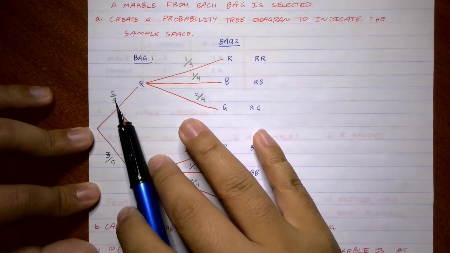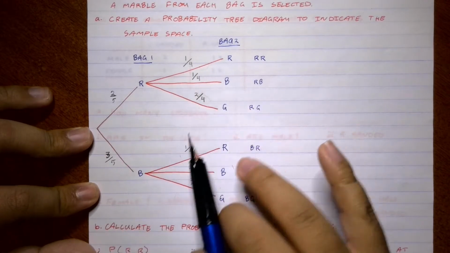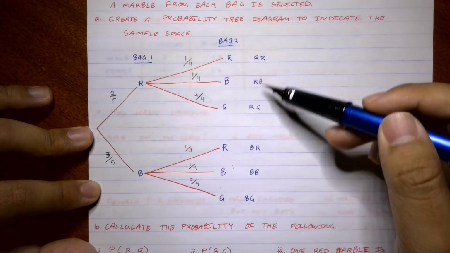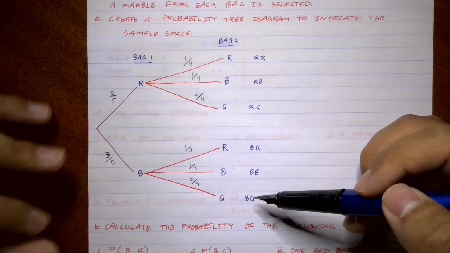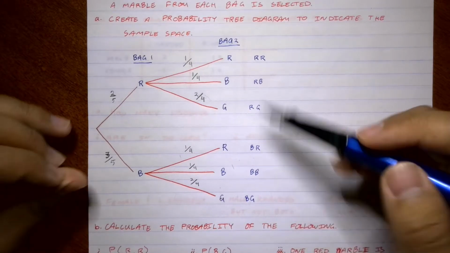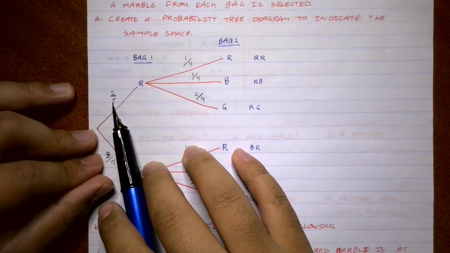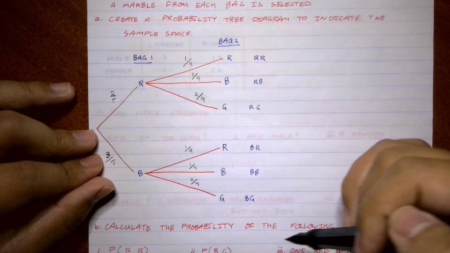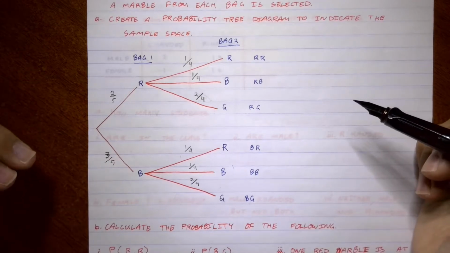But because of these weightings on each of the branches, don't think of this as a total of 6 outcomes. We can find how many outcomes there are in total by multiplying, that's 5 and 4. So there are actually 20 different outcomes here.